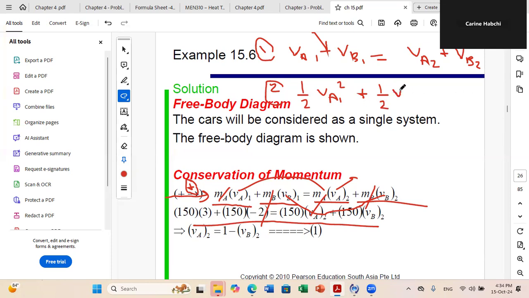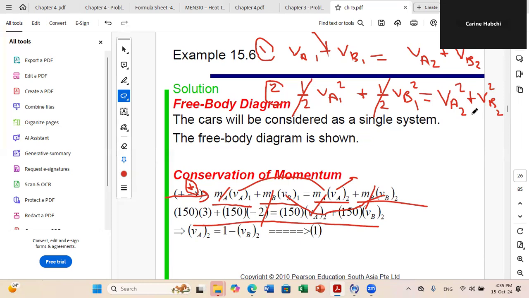This equals, and also half, you can drop it because you have 0.5 mv squared for all of your terms. So you can cancel out the half too. So we'll have here VA2 squared plus VB2 squared, okay?